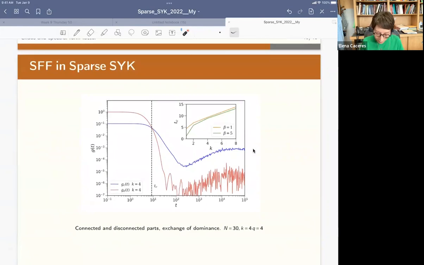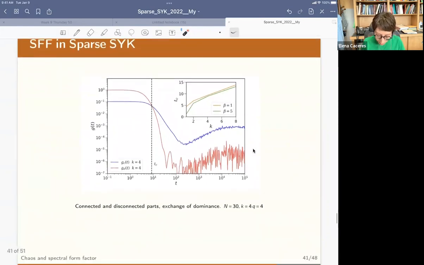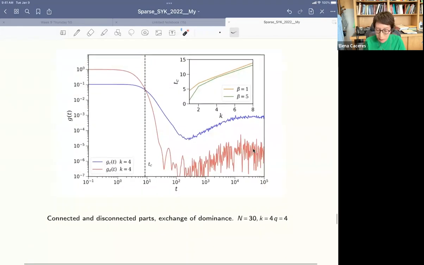And yes, we can see that indeed, these are the connected and disconnected parts. The connected is the blue one, the disconnected is the red one. And we can see that there's this point early in time, much before the dip. What is always said is that it's here where the connected and disconnected parts exchange dominance.